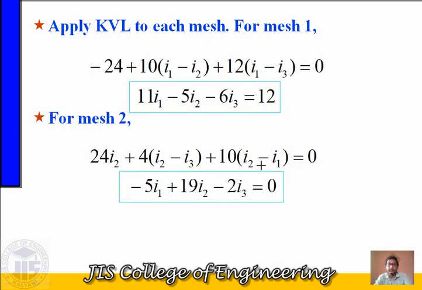So plus 10 (I2 minus I1) is equal to 0. This is the equation from mesh 1, and the equation from mesh 2.